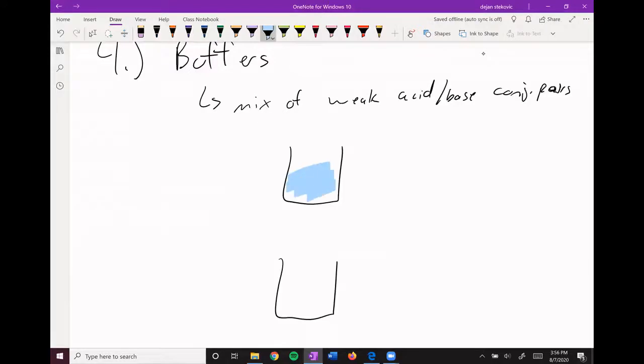In this upper solution, we're just going to have water, so all we've got is H2O molecules floating about. And then in this bottom solution, we're going to have a buffered solution. So we're going to have weak acid-base conjugate pairs. In this case, I'm just going to write ammonia, NH3, and ammonium, NH4+, right? Those are acid-base conjugate pairs.